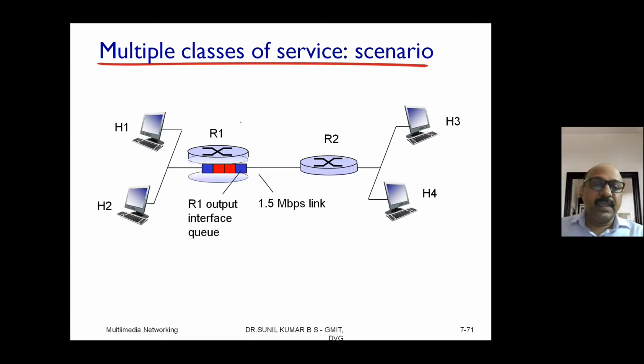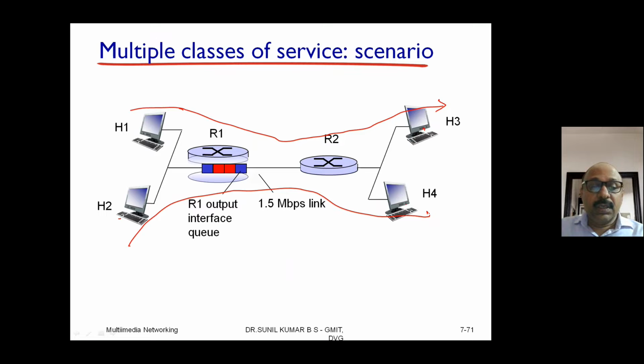So here you can see that the network will be like this, wherein there are users H1, H2, H3, and H4. Assume that H1 wants to make a communication from H1 to H3, and H2 wants to make a communication from H2 to H4, and there are two routers identified.